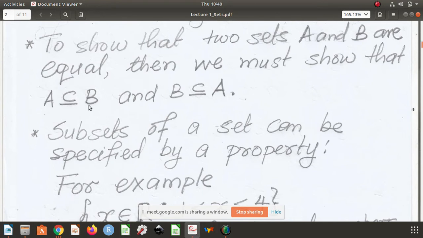So anytime you want to check that two sets are equal, this is how you check. You check that A is contained in B, in other words, every element in A also appears in B, and you also check that B is contained in A, so that every element in B also appears in the set A.